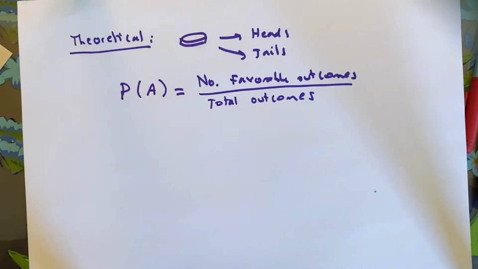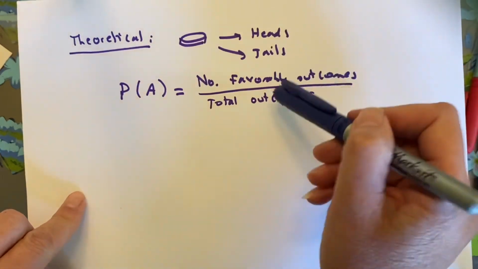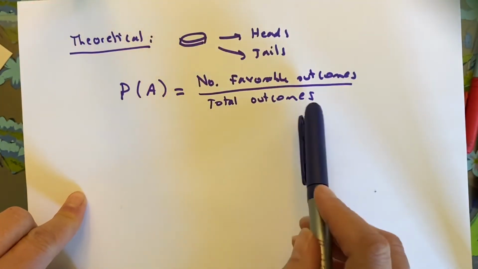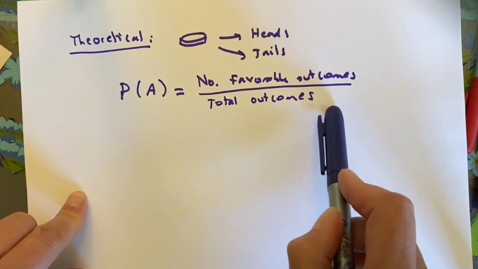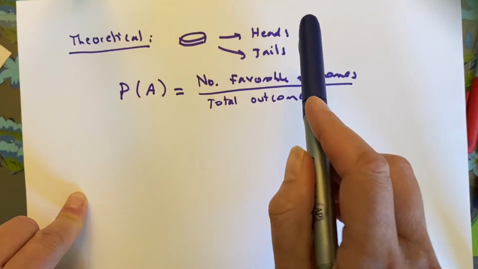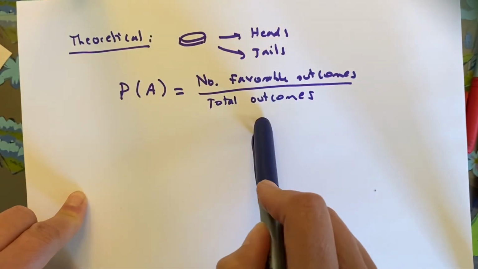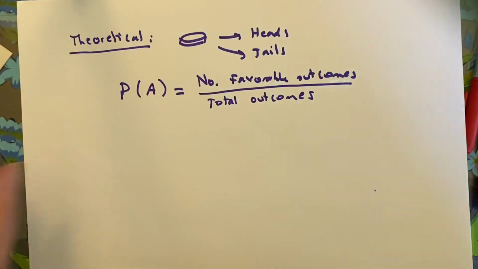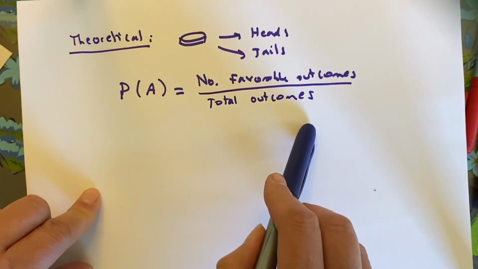For example, if you're talking about the theoretical probability of getting heads or tails, we know it's 50-50, 0.5, right? Because total outcomes is all the number of coin. So you toss the coin 10 times. The theoretical outcome is that it'll be 5 heads for 10 tosses, right? So it's a 0.5. The experimental probability, which we'll talk about in a minute, is what actually happens when you toss it.